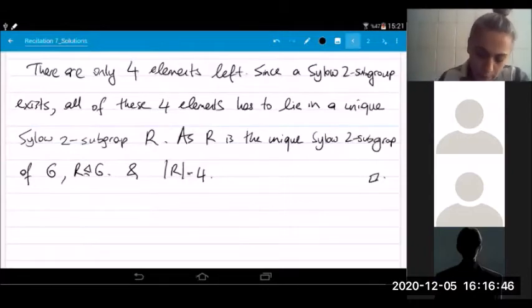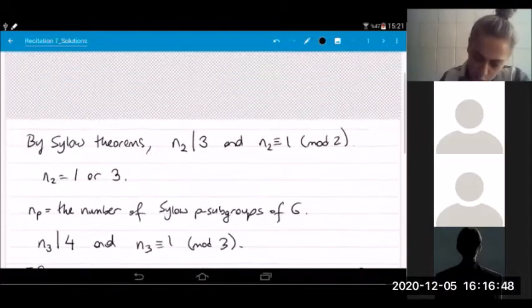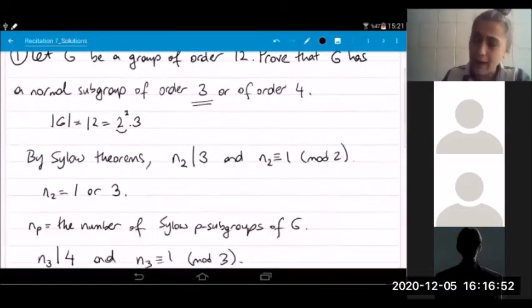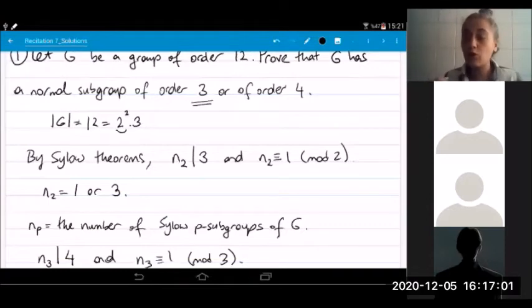I think from the number of Sylow 2 subgroups, it may be a little bit hard to count the elements because we know that Sylow 2 subgroups are of order 4, right? So unlike Sylow 3 subgroups, there may be non-identity elements in the intersection. So you may have difficulties in counting the elements there.